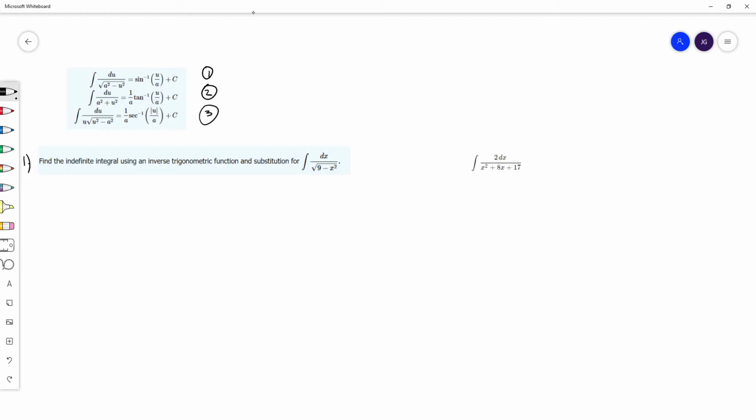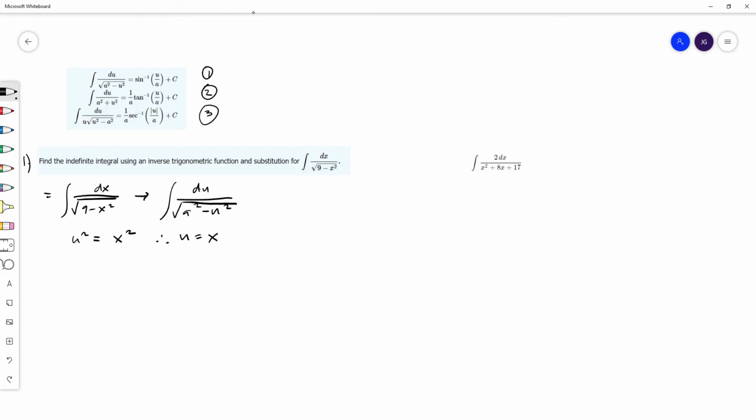For this one, we just need to rewrite our equation into the form of du over the square root of a squared minus u squared, whereas we can find our u squared is equal to x squared. Therefore, our u is equal to x.